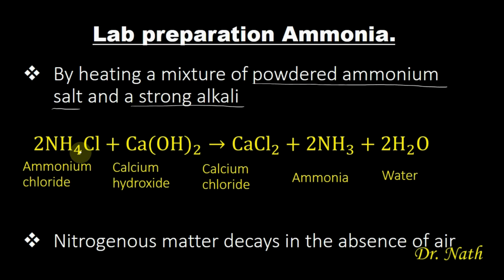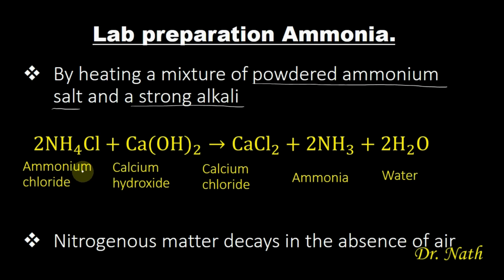The ammonium salt that is usually used is ammonium chloride. So when the powdered form of ammonium chloride is heated with calcium hydroxide, calcium chloride will be formed, ammonia will be formed, which is the compound of interest, and water will also be formed. This chemical equation is high yield and is very important.